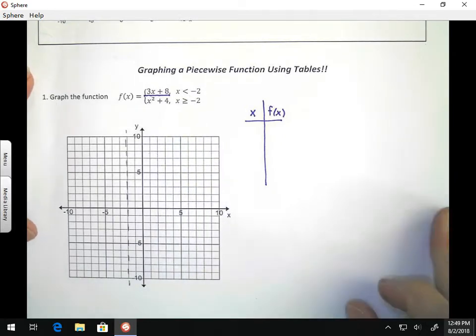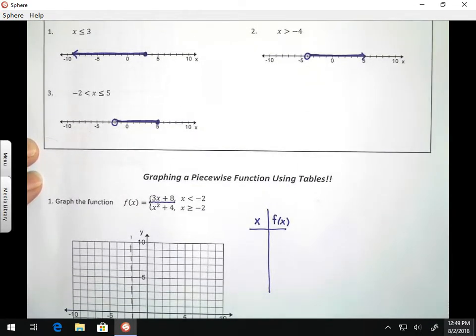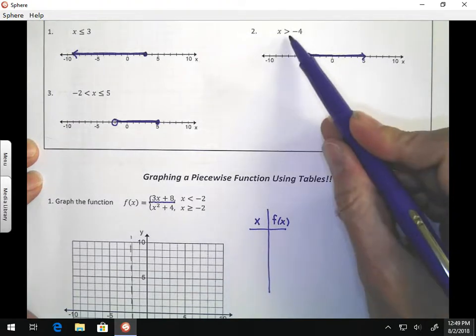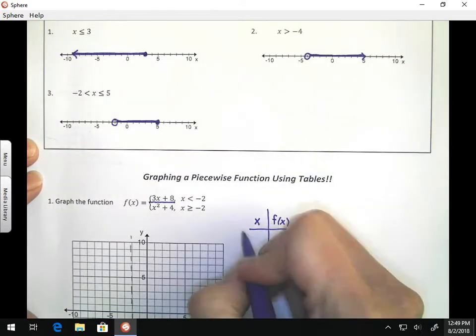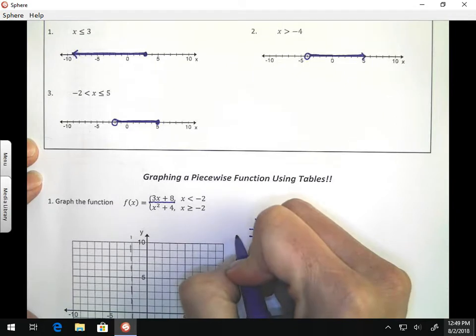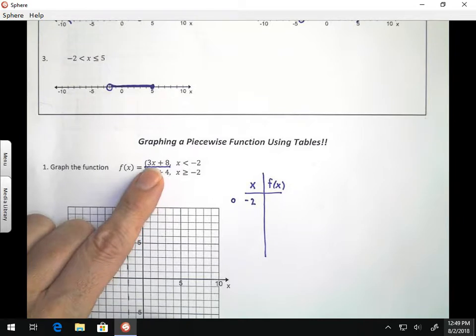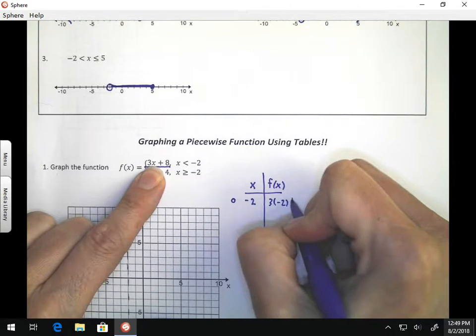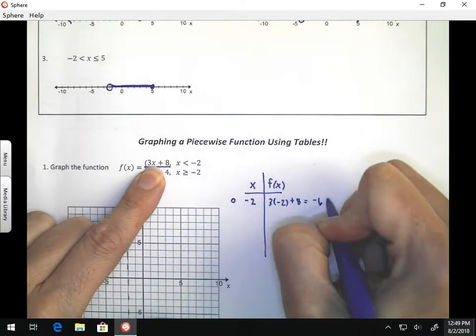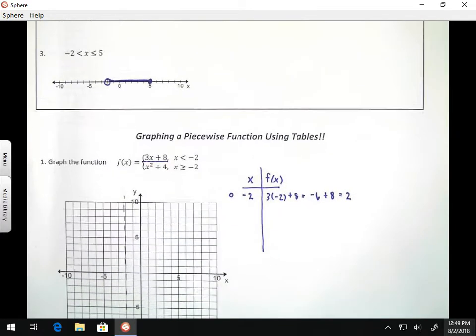Like we did up here, even though I'm less than negative 2, I'm still going to include negative 2 in my table. Here we had a negative 4 and put an open circle around it, so I'll make a note that negative 2 is going to be an open circle. If I plug in negative 2 to this function, I get 3 times negative 2 plus 8, which is negative 6 plus 8, or 2. So I've got one point now.